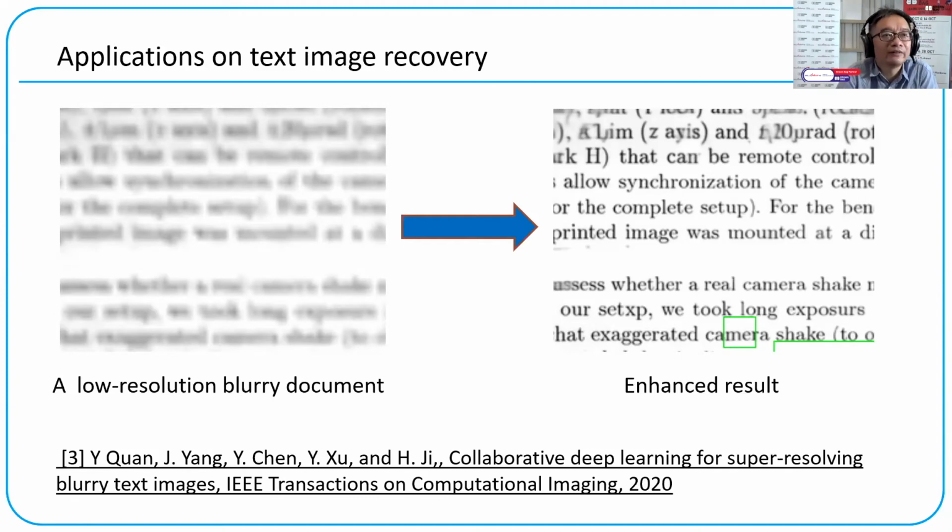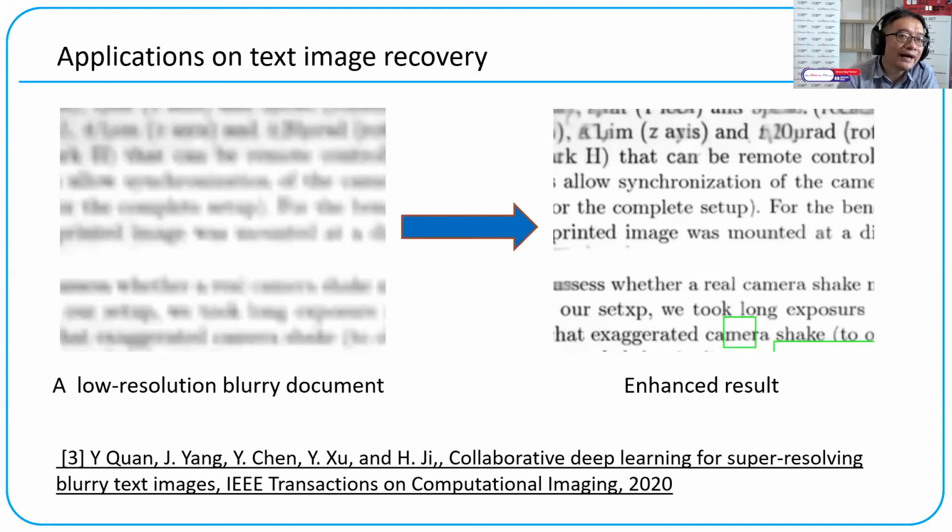But sometimes you might have a low resolution and blurred document, which will be a disaster if you send it out. Why? Because if you look at the left image, I don't think you can recognize any letters on it. So you don't know what I'm talking about.